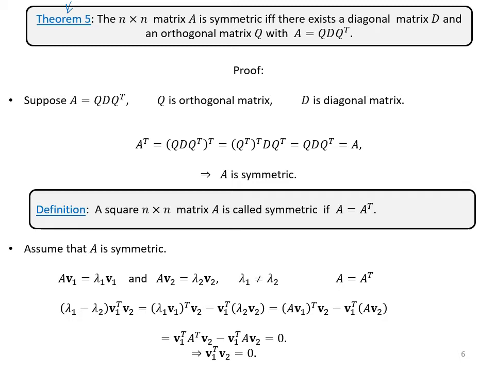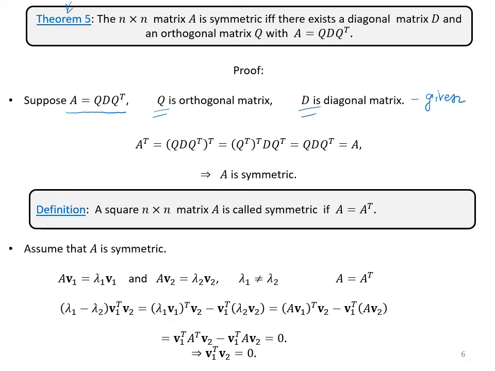So, first, let's suppose that our matrix A can be represented as a product of three matrices, Q, diagonal matrix D, and transposed matrix Q, where Q is an orthogonal matrix and D is a diagonal matrix. This is given in this particular case.